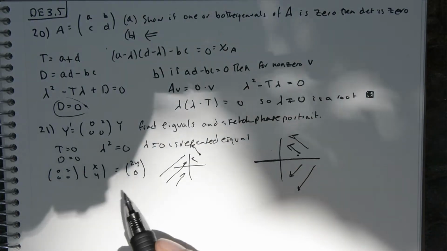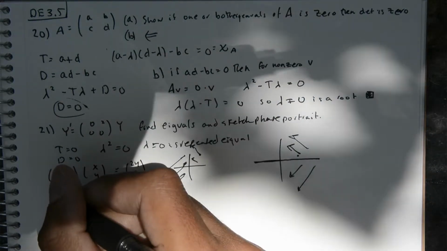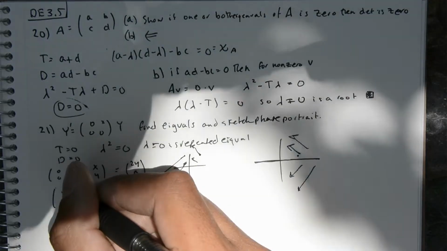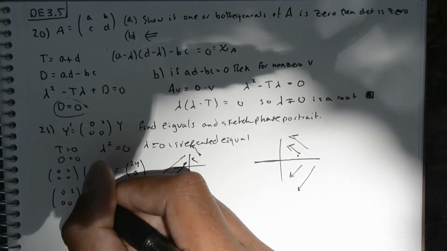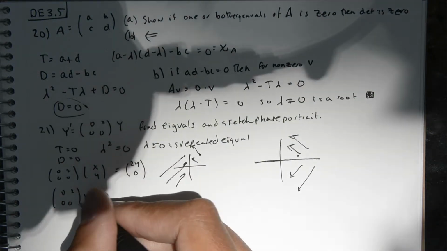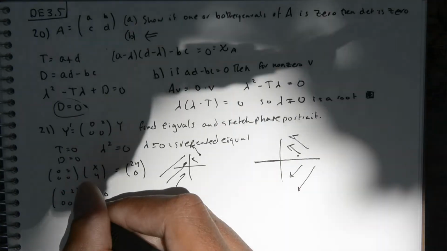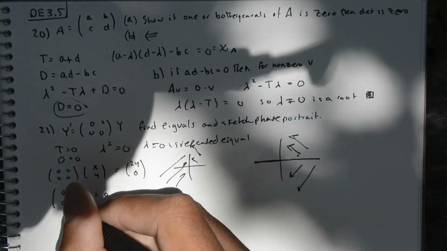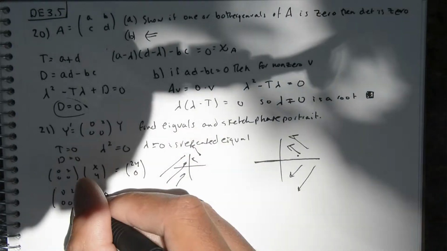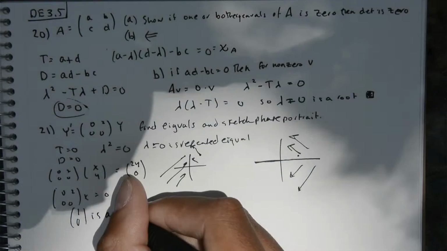So our eigenvectors: 0, 2, 0, 0 times x is equal to 0. So we're trying to find the null space of A. So I think 1, 0. Yeah, so 1, 0 is an eigenvector.